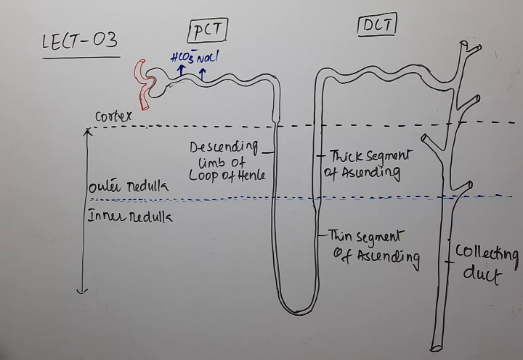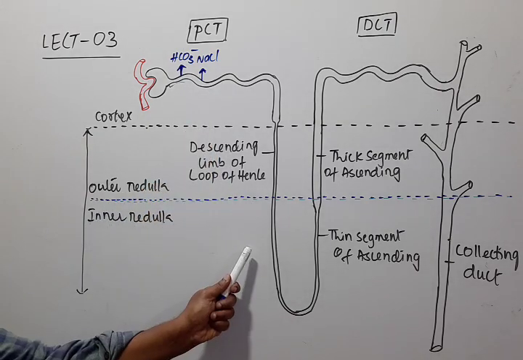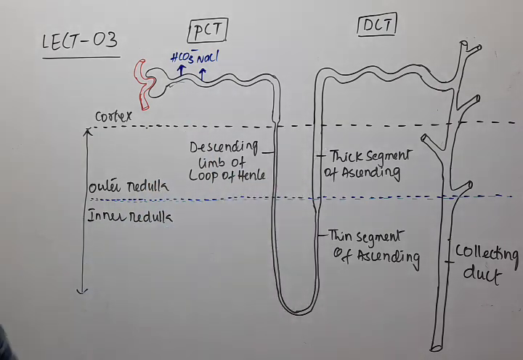Of course, first into the interstitial fluid, and from there into the blood circulation. We know the PCT, the Henle's loop and the DCT are all covered by blood capillaries, what we call the peritubular network, which is formed by the efferent arteriole.